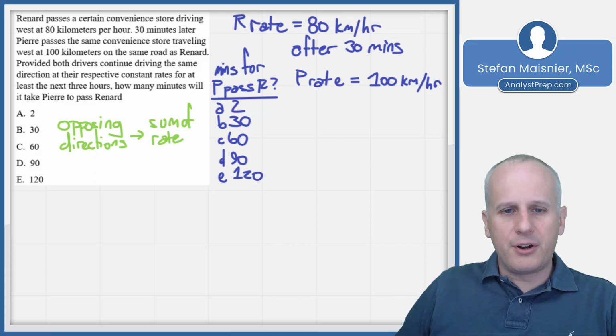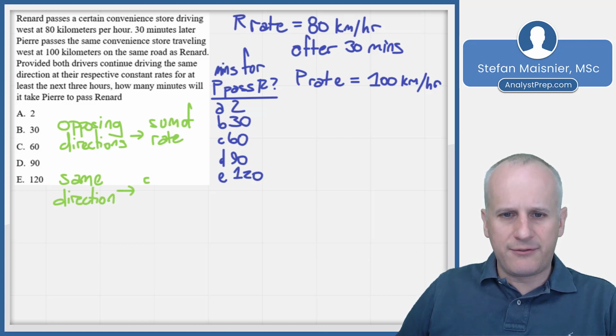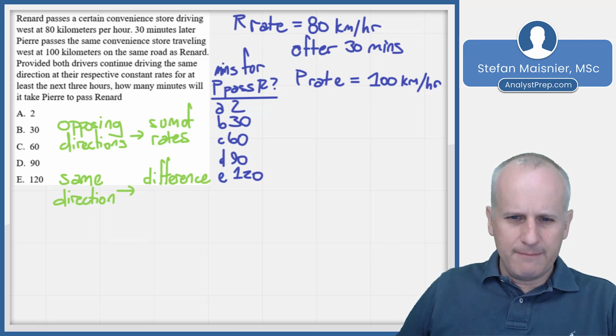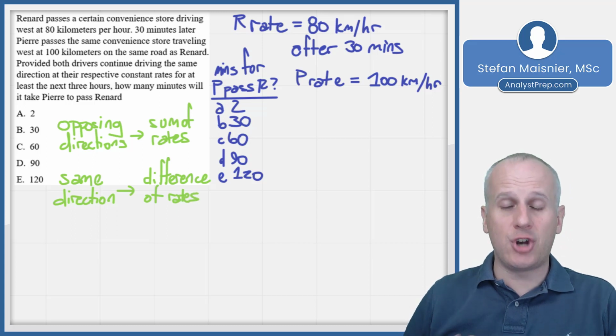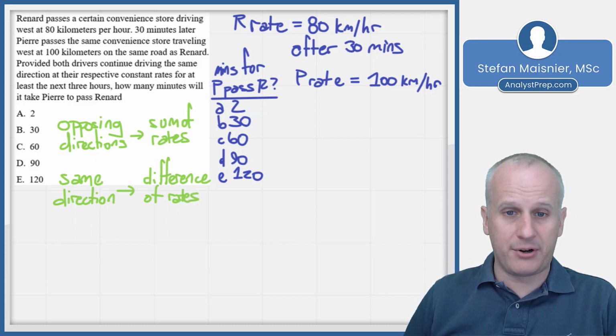But if they're going in the same direction, in that case, you need to find the difference of the rates, because that's going to be the change over whatever the time period is.